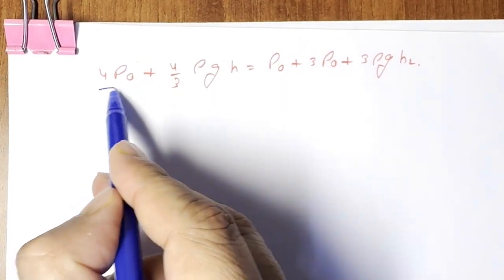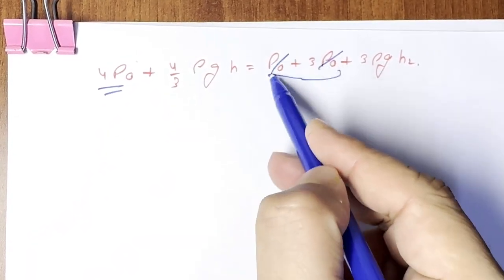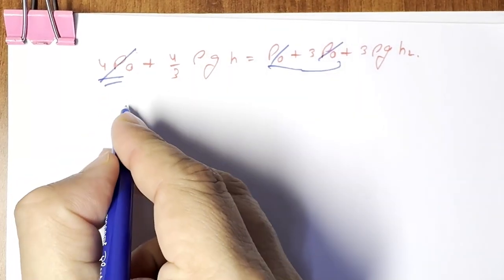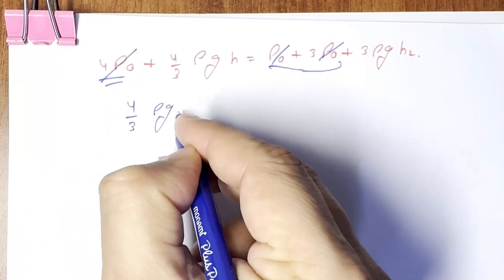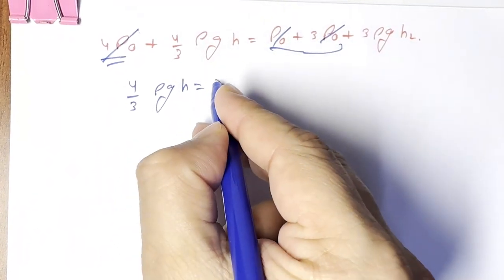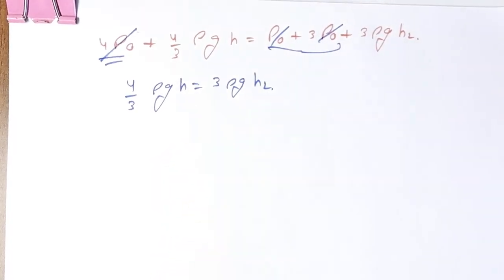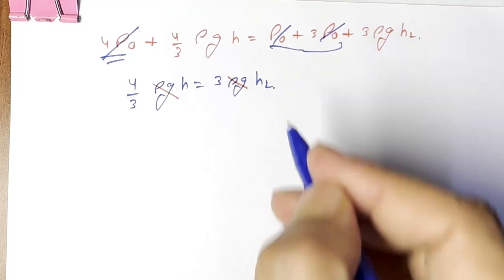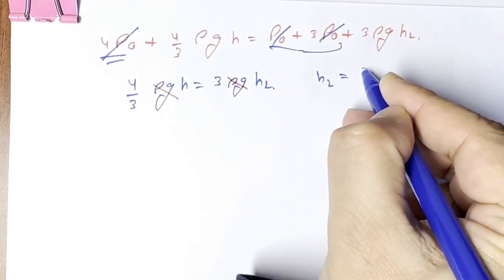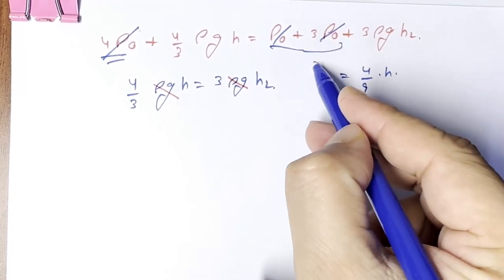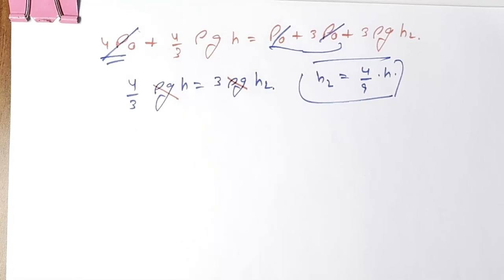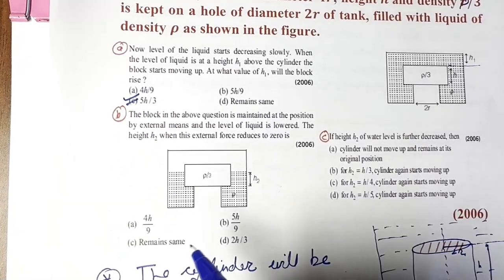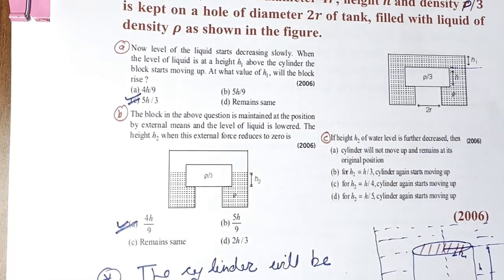Once again, this is our 4PA and this is also 4PA, so this cancels out throughout, and we get 4 by 3 rho GH will be equal to 3 rho G H2, and this rho G and rho G cancel out, so therefore we can say our H2 is equal to 4 by 9 times H. So the options given for part B is 4 by 9 times H, which is option A, the correct option.